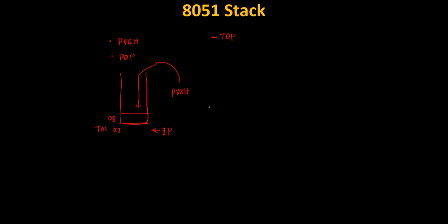Then the first operation is that the stack pointer is incremented by 1. Now it points here with SP. The second operation is that the data is put into the stack. Let me push the content of A, say 10, onto this.